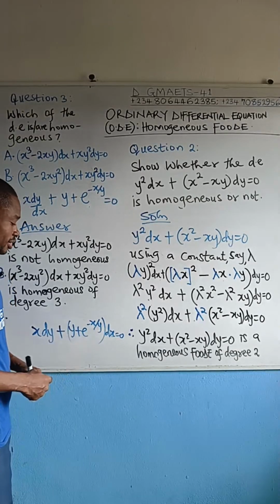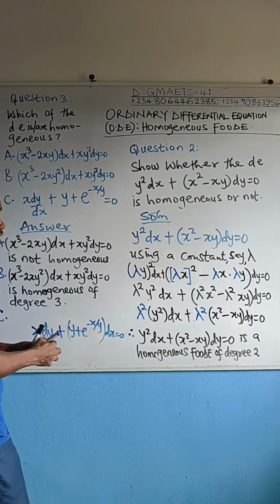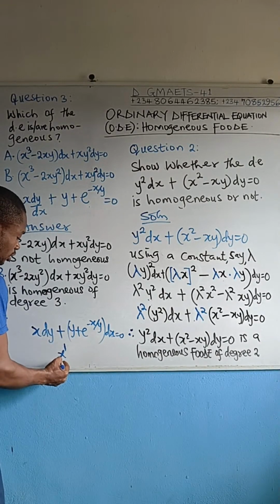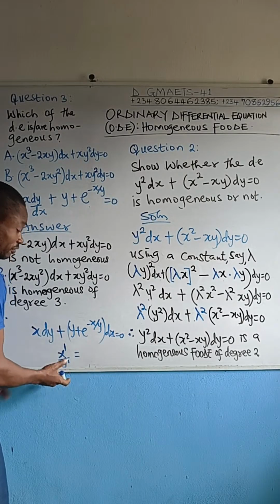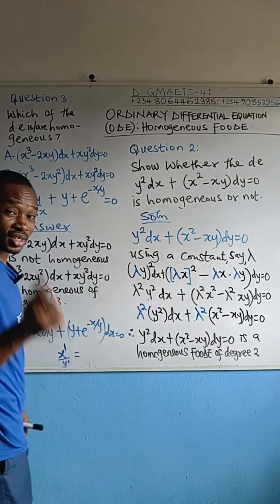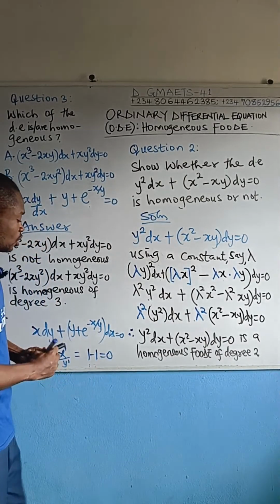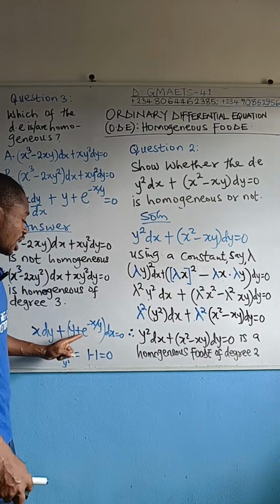How true is that? This is x raised to power 1 all over y raised to power 1. Applying the division law of indices, if I have x to the power of 1 divided by y to the power of 1, you pick one of the base and subtract the powers, giving 1 minus 1, which is equal to 0. Which means that this is exponential minus 0. Minus 0 is the same as 0.